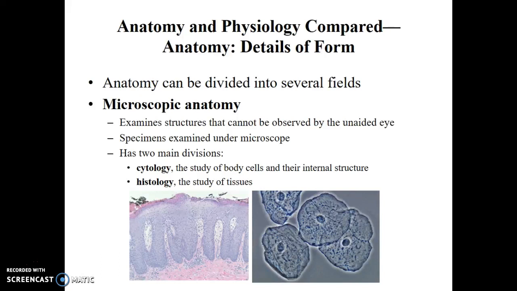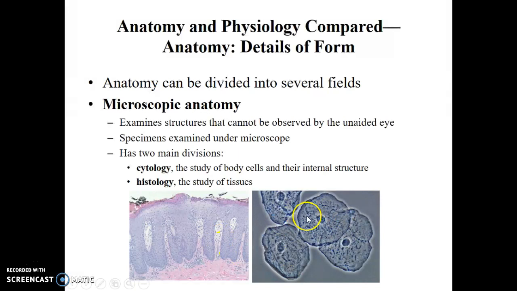In anatomy, we can study a lot of individual fields. So some people might specialize in microscopic anatomy. Microscopy in anatomy has two major divisions. You have either cytology, the study of the cells that make up structures, or histology, the study of tissues that are made up from cells.